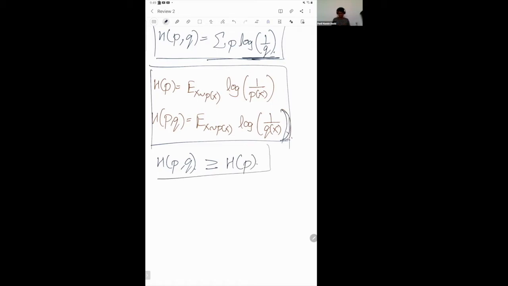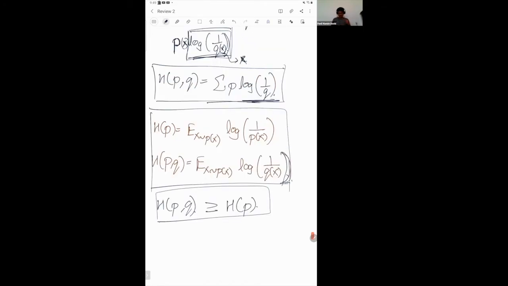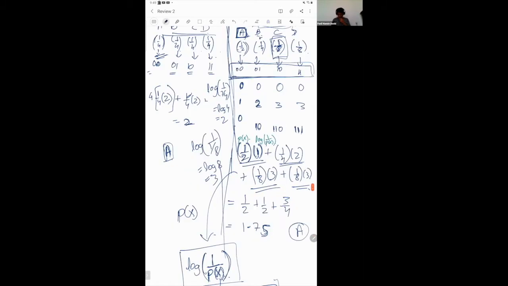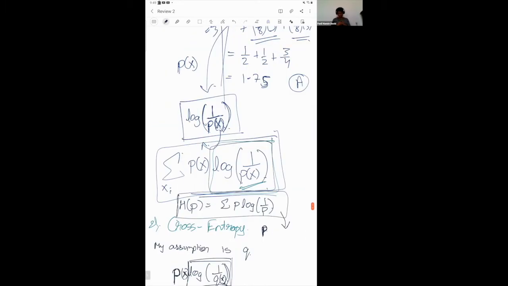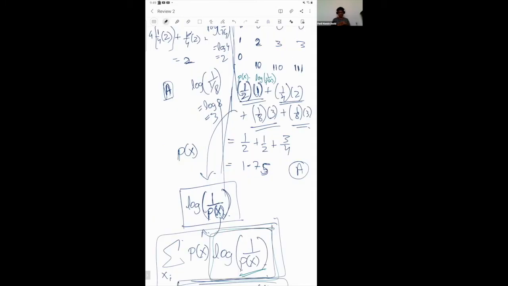And why this is the most optimal encoding, as I said, you would look into the entire literature on information theory for that.